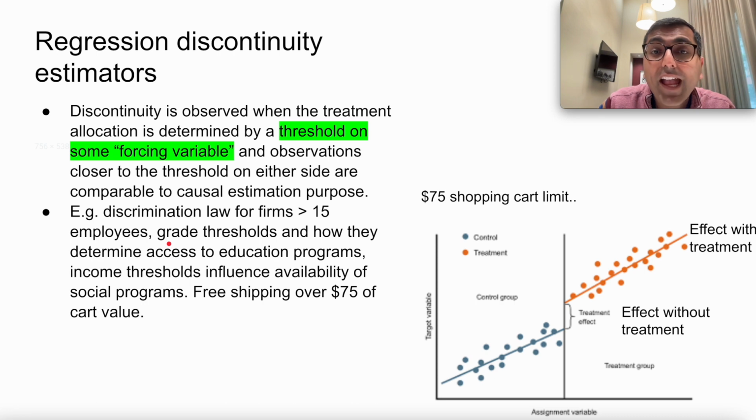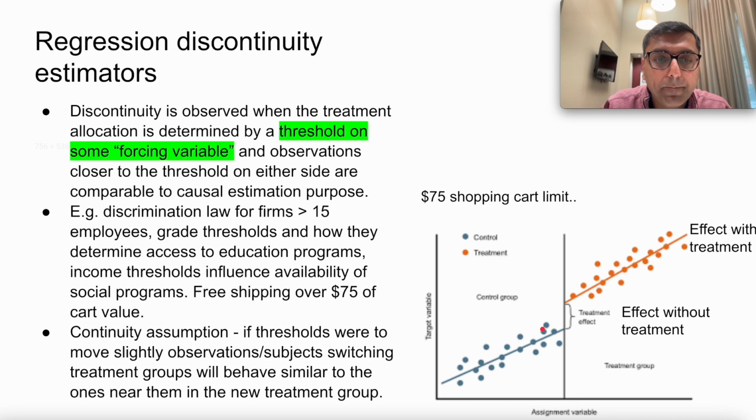Again, you can't run A/B tests and discriminate against people. That's just illegal and not ethical, right? But you can run a test that says, hey, free shipping over 75, or you want to try out 45 or $35 or $25, right? So you can find out what the lift is with and without, using regression discontinuity estimators.